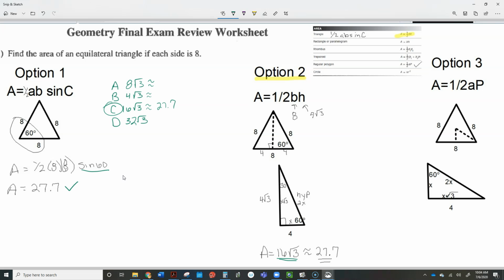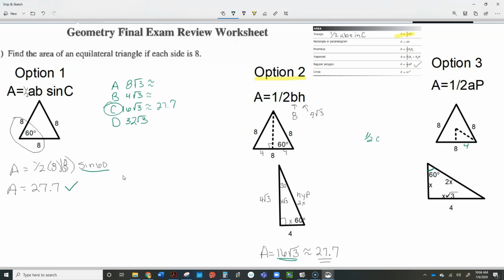Okay, so there's 1/2 AB sine C, there's 1/2 base times height, and this one over here would probably be my last option, because when I set up the triangle that I need, the one that has the apothem and the radius and half of this side length, and I find my central angle, this is actually half the central angle.